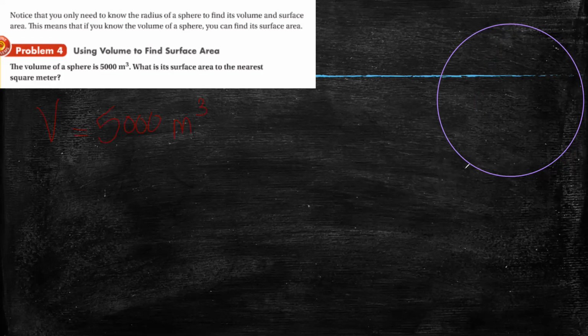Now, before that, do you know the difference between the volume and the surface area? In real life, the volume is how much space something takes up. Imagine this is a watermelon.